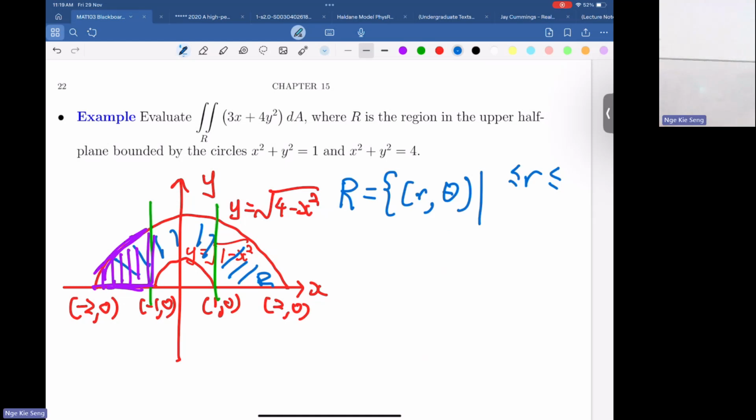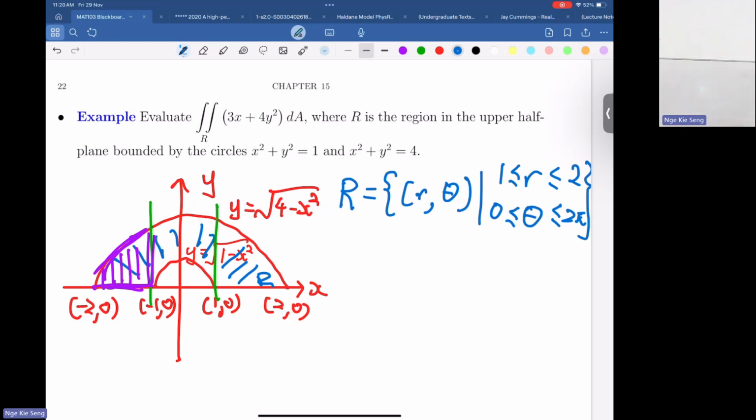Radius going from 1 to 2, good. How about the angle? It's a nice circle, right, because we gave you a circle equation. So this angle is going from where to where? From 0 to pi. Okay, good, because our angle starts from the positive axis.